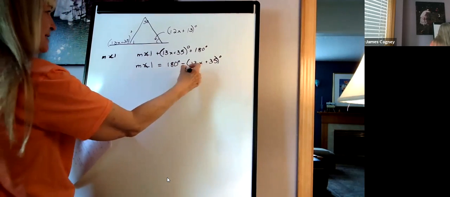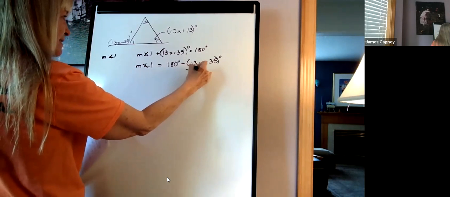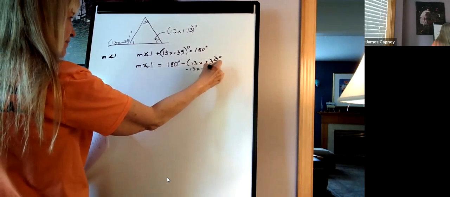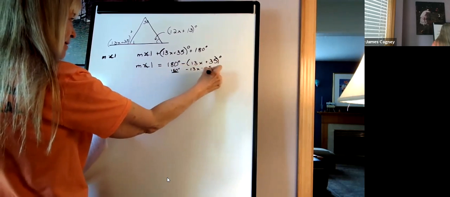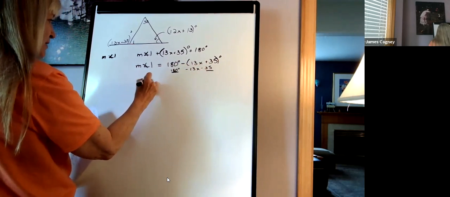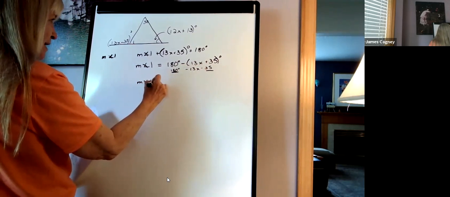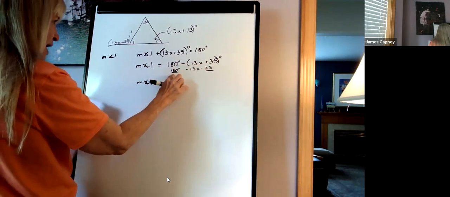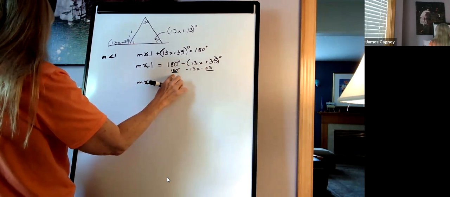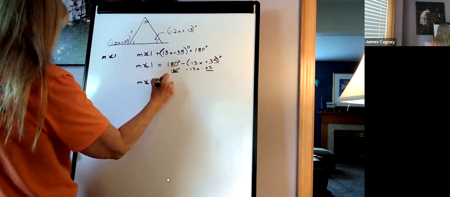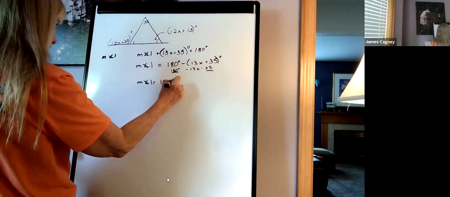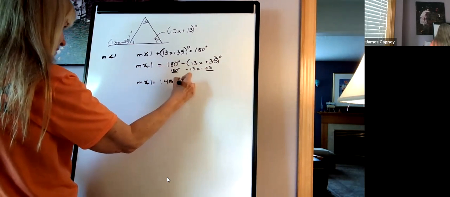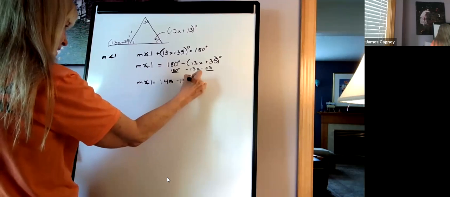I distribute this negative, so this is negative 13x minus 35. And now I can combine the numbers. So the measure of angle 1 is equal to 180 minus 35, which is 145, and then minus 13x degrees.